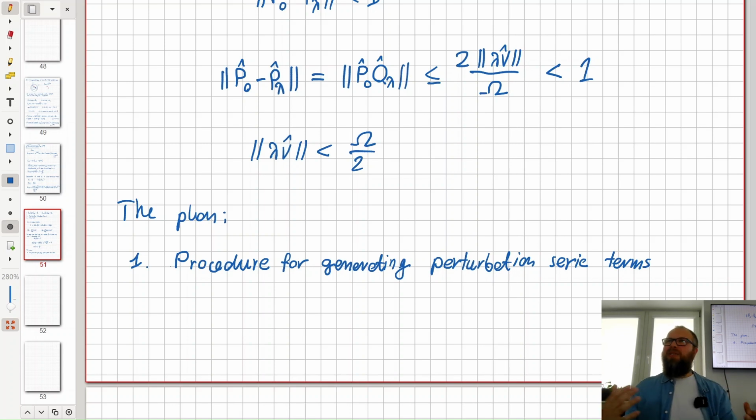That was our procedure back then, without much forethought. It's a good first guess. So here we can do a little better and try to find a more well-defined procedure for generating those terms.